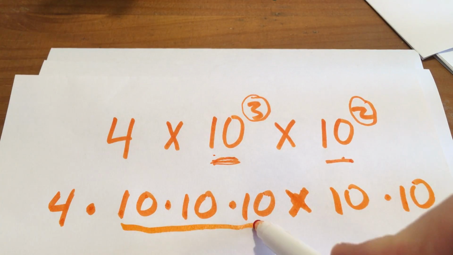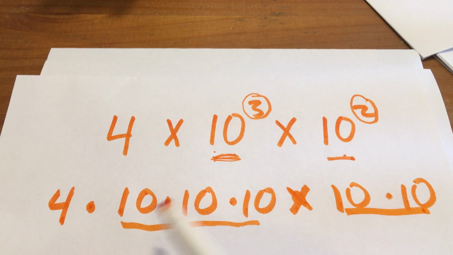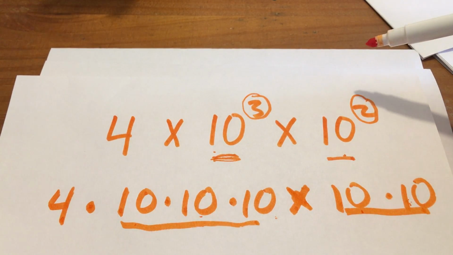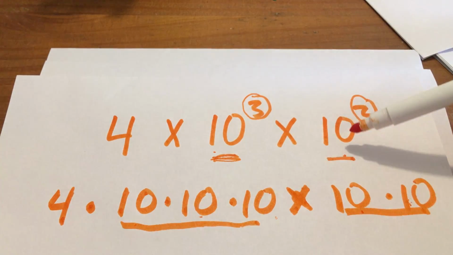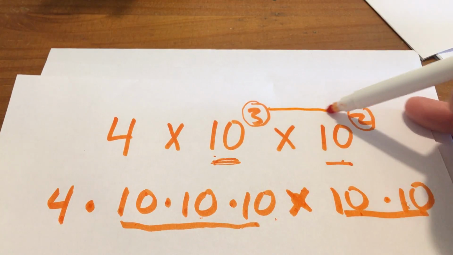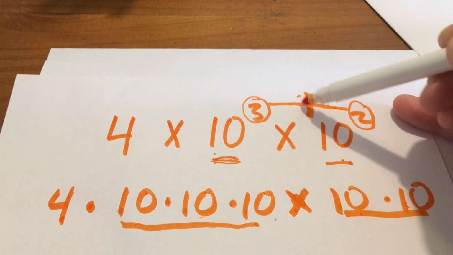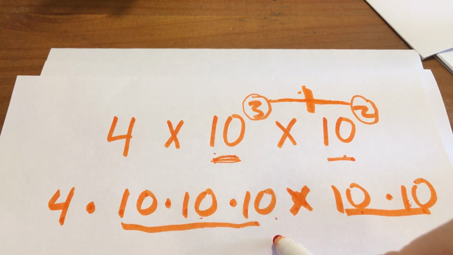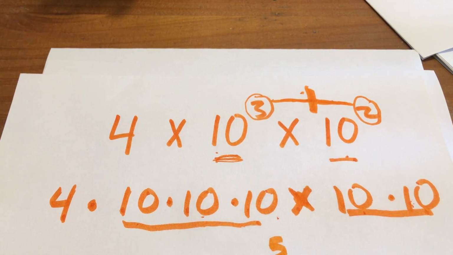So here's 10 to the 3rd power. Here's 10 squared. How many 10s do I have? 1, 2, 3, 4, 5. So that's why when you're multiplying exponents, you actually connect them by adding them. Okay? So this would be 4 times 10 to the what? 5th power.